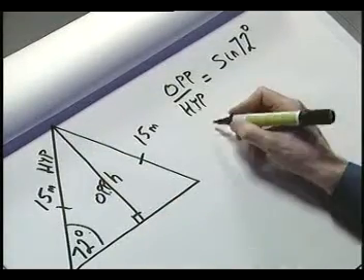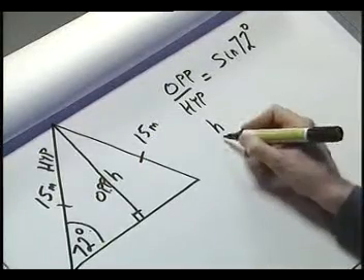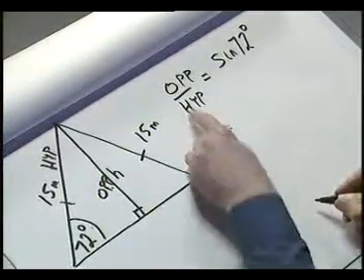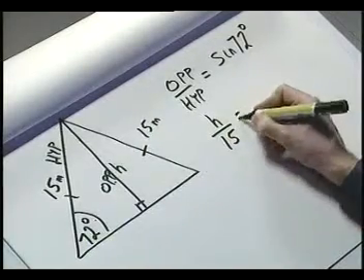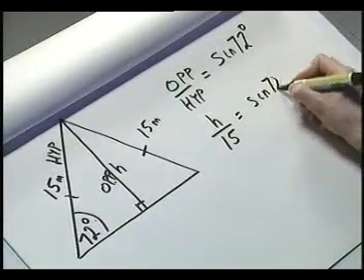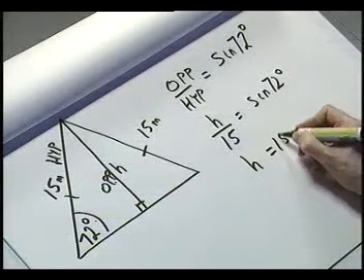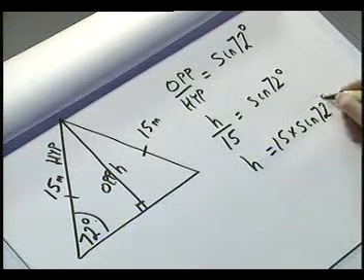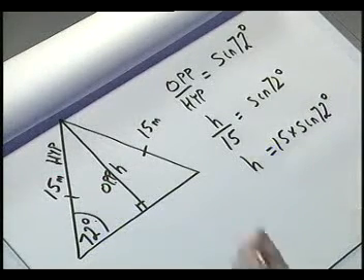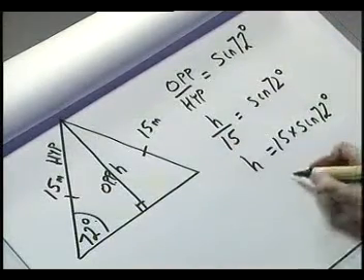H is the length of the opposite side, the height of the triangle we're trying to find, over the length of the hypotenuse, that's 15, is equal to sine 72 degrees. And so H is 15 times the sine of 72 degrees, multiplying both sides of this equation by 15.